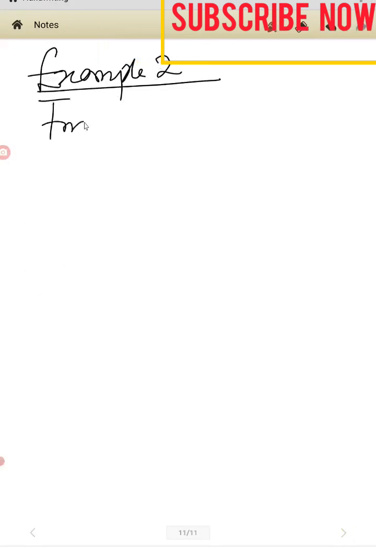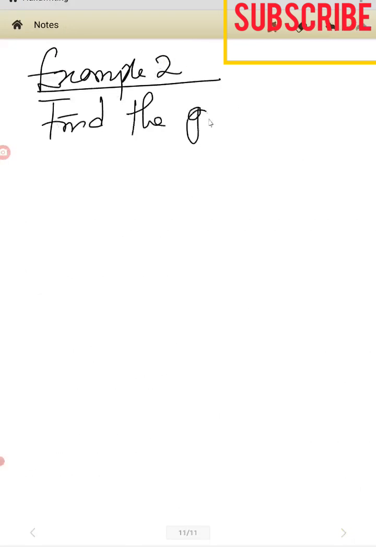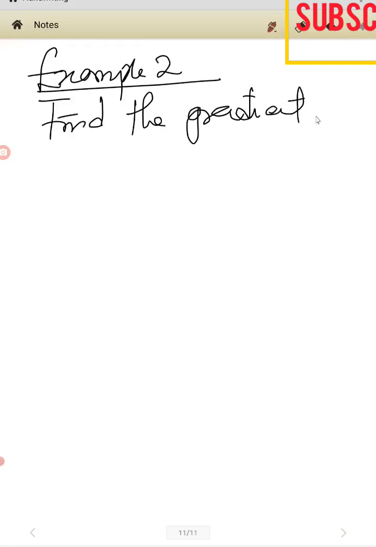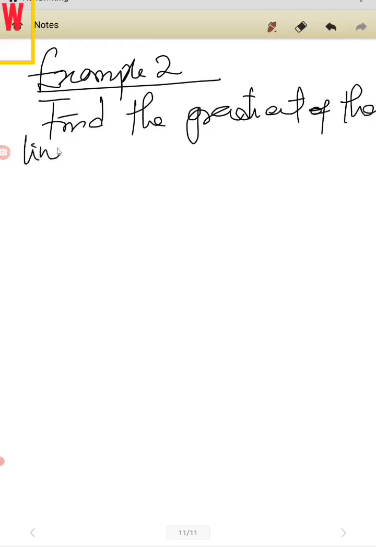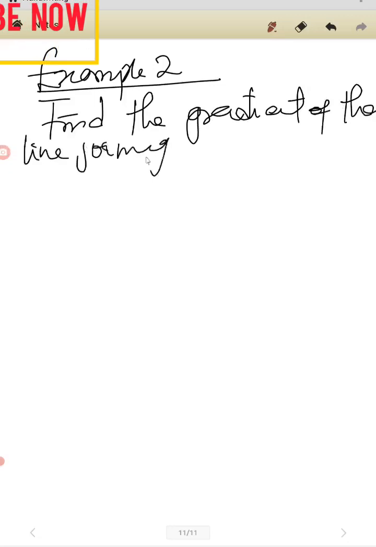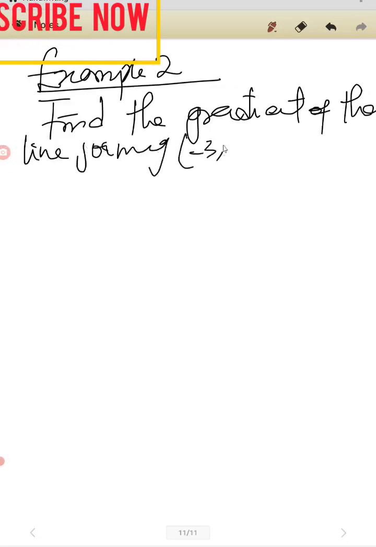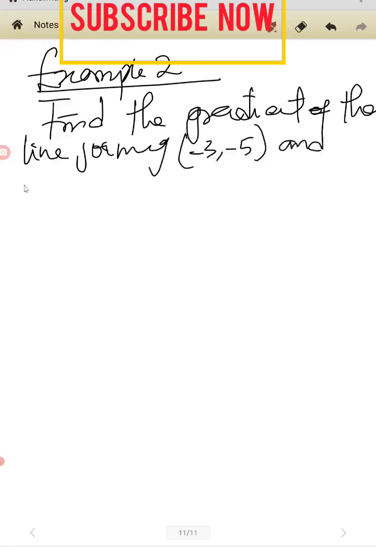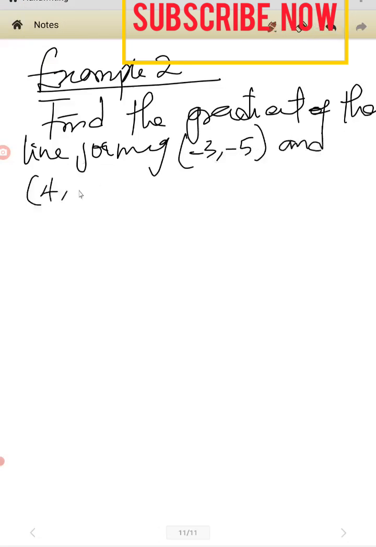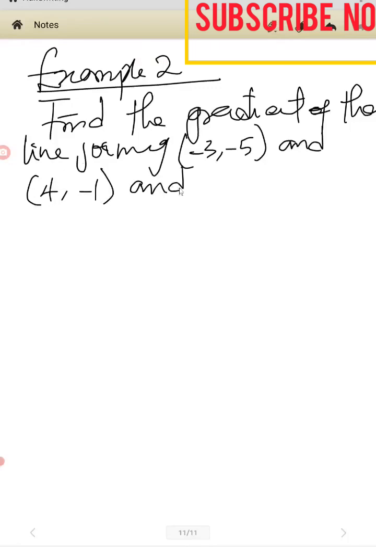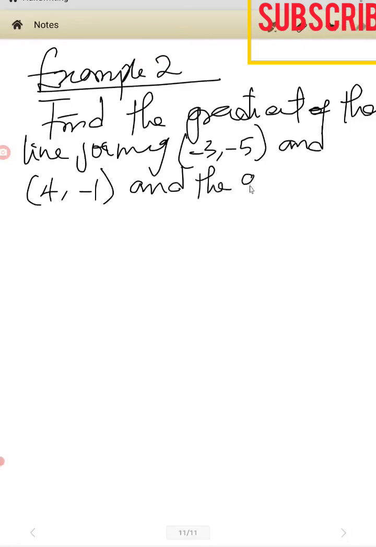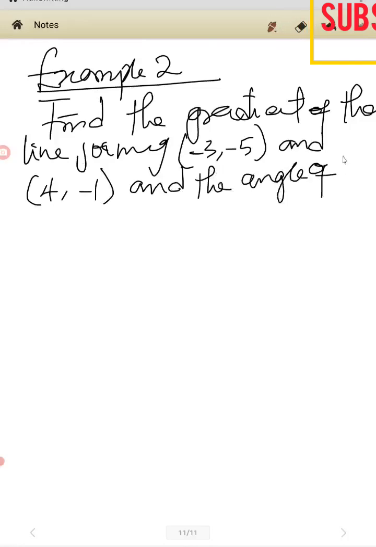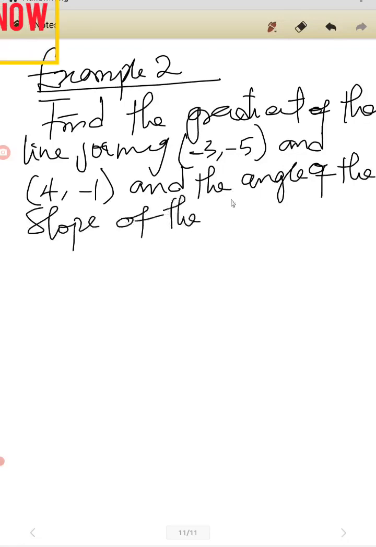Find the gradient of the line joining this first point, -3, -5, and this other point, 4, -1, and the angle of the slope of the line.